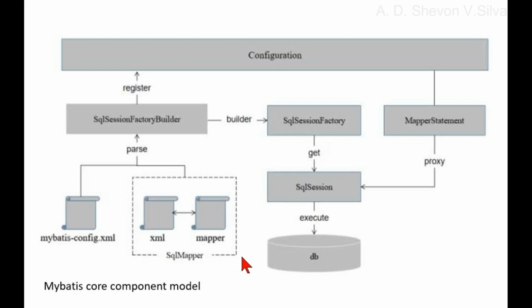2. MyBatis will pass the SQL template file corresponding to the mapper interface, the input parameter type, dynamic SQL, and result type information into SQL source objects, encapsulate it as a mapped statement object, cache it in the configuration object config, and add the mapper interface path to the method name string as the key value of the mapped object.